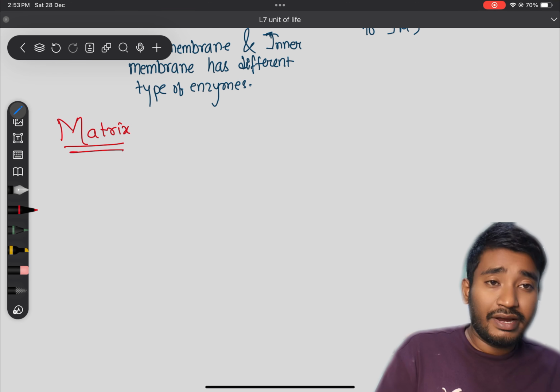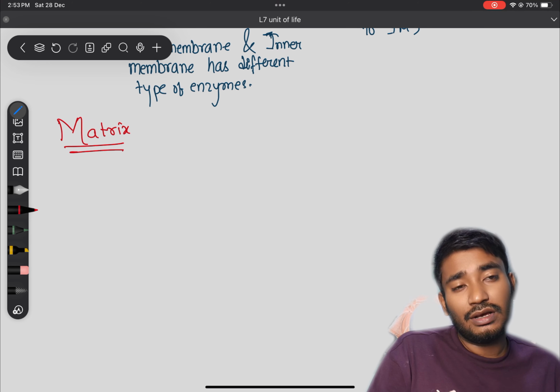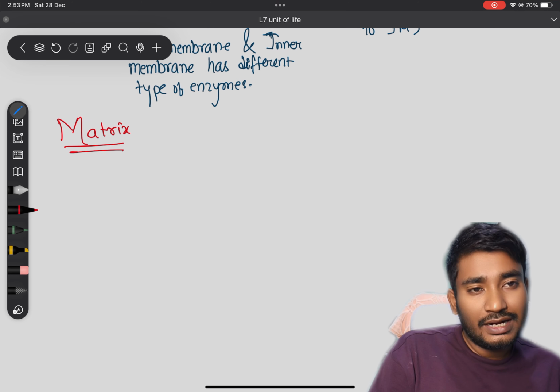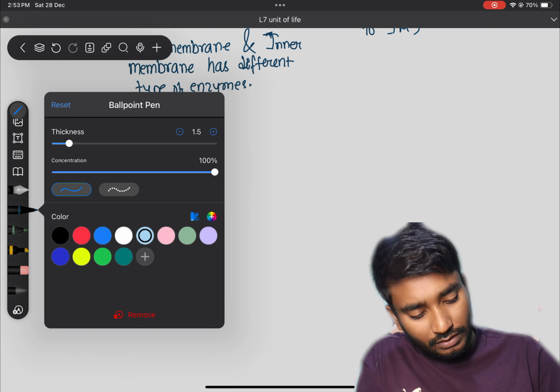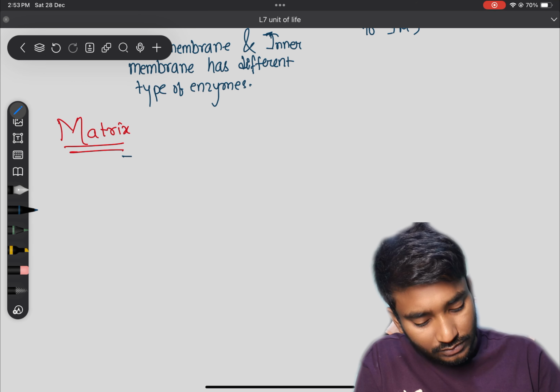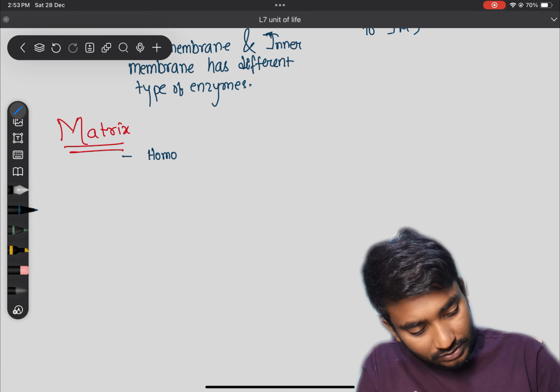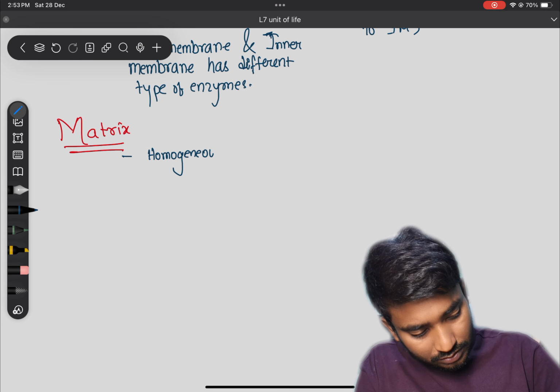So what is the matrix? The matrix is at the innermost position of the mitochondria. It lies on the innermost side of the inner membrane. It is a homogeneous substance.